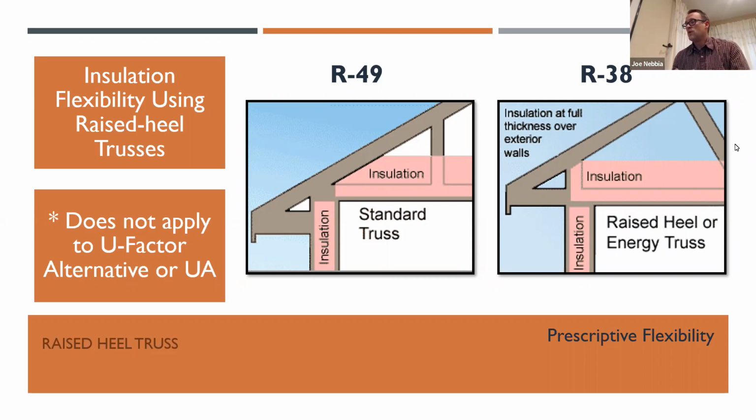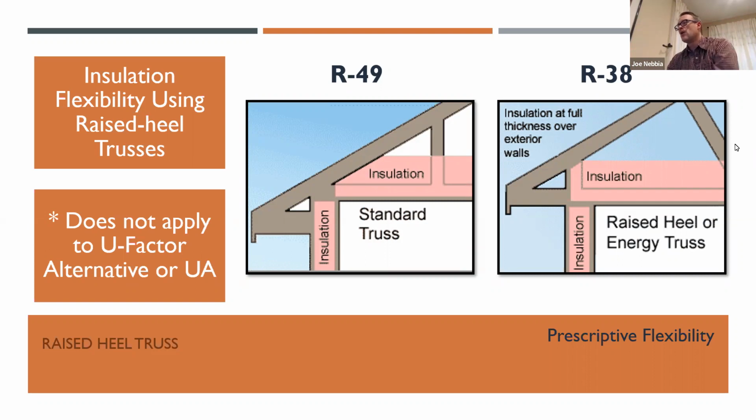So the goal of this allowance in the code is to provide a way to not compress the insulation at the eaves using a standard truss and instead use a raised heel truss. And the code says that you have to install the same level of insulation all the way across the ceiling, including over the top plate, extending all the way over the top plate at the eaves in order to take advantage of this requirement.